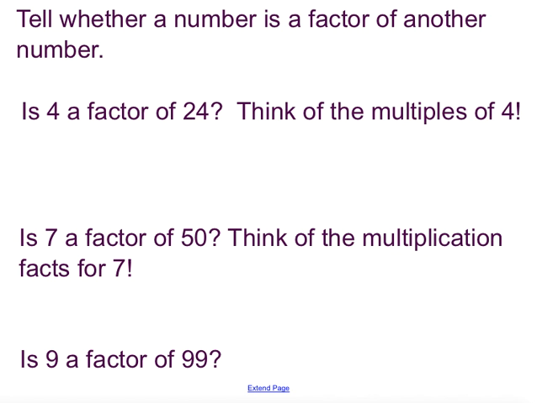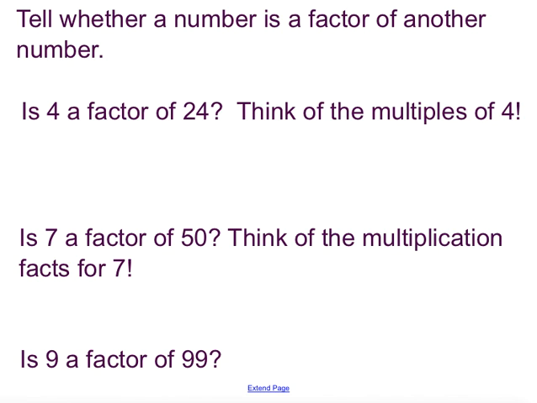All right, so next thing up is we have to tell whether a number is a factor of another number. Okay, and this is where your multiplication facts, right, come in. So let's take the first question. Is 4 a factor of 24?